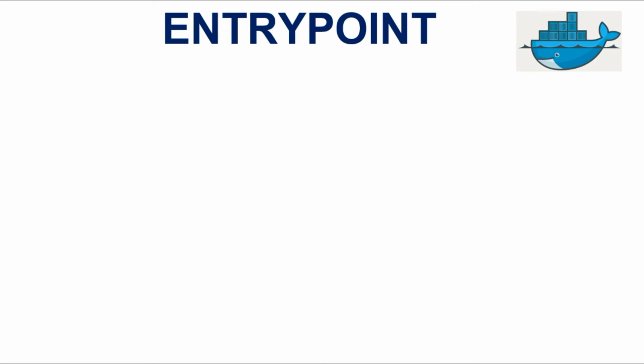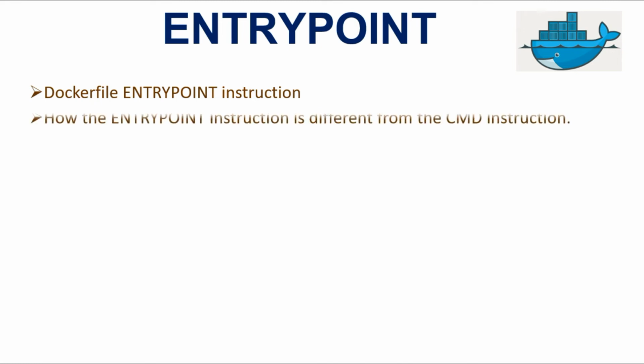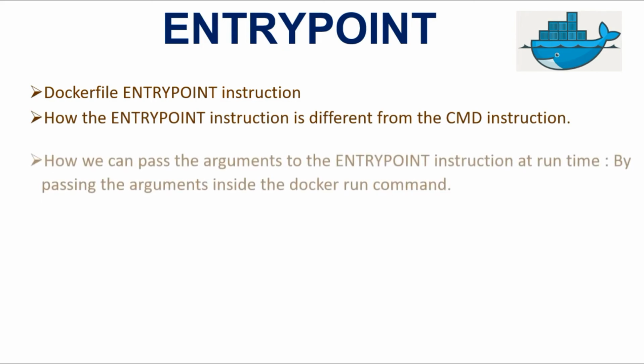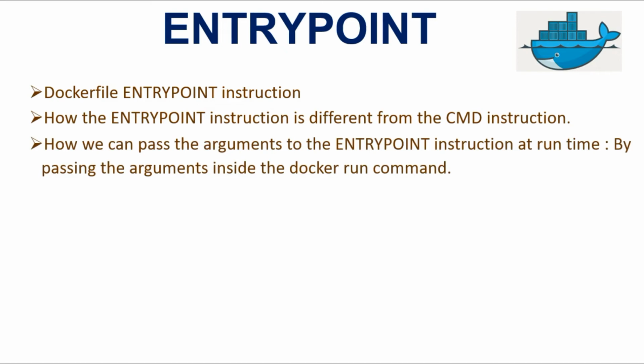So friends, in this session we have seen the Dockerfile entry point instruction, and we saw how the entry point instruction is different from the CMD instruction, and we also saw how we can pass the arguments to the entry point instruction at container runtime by passing the arguments inside the docker run command.